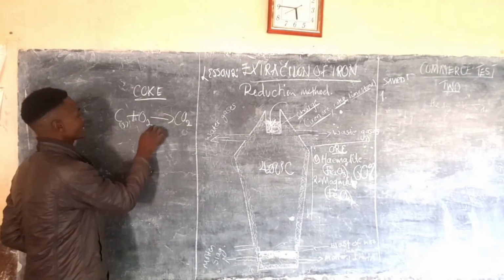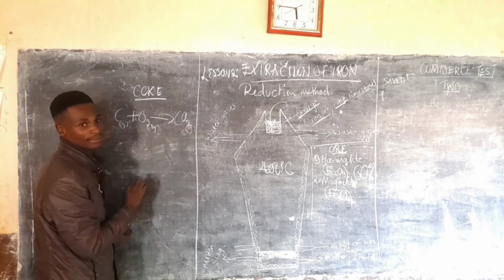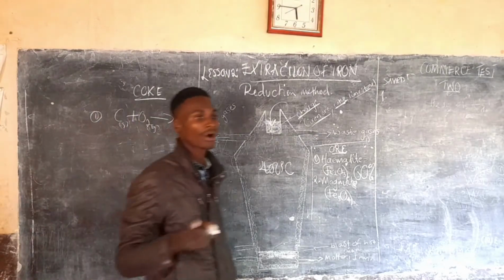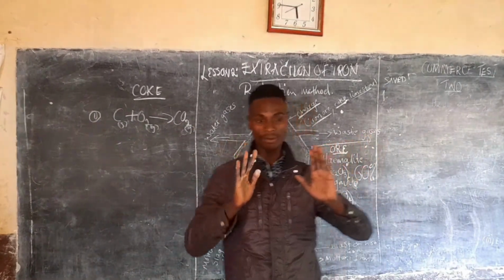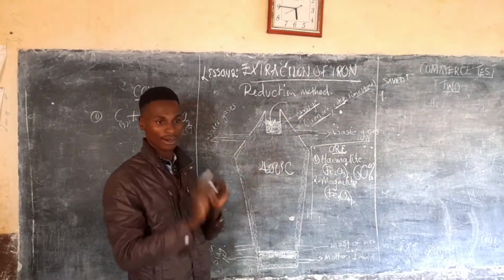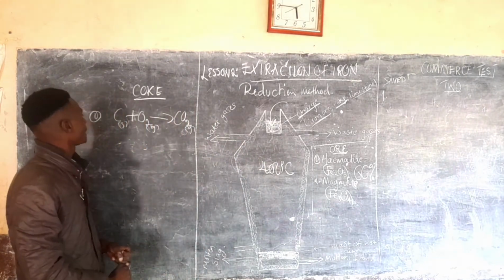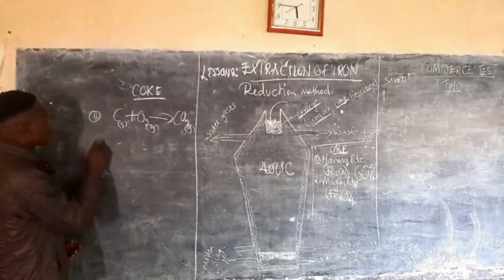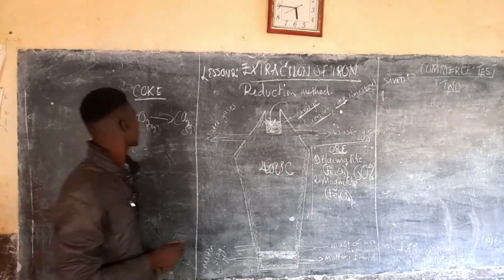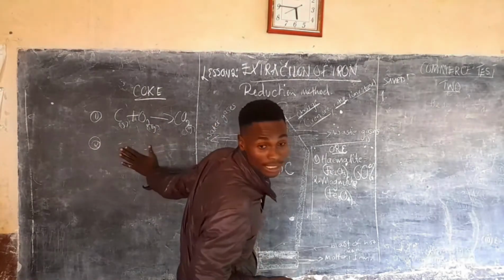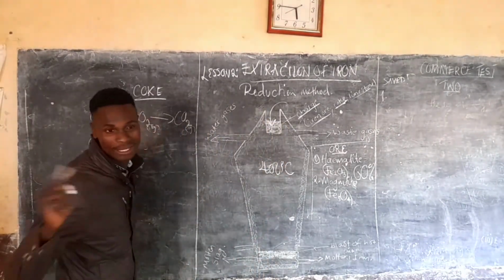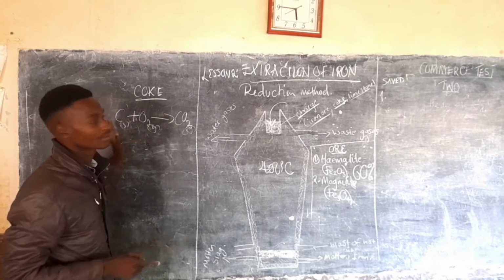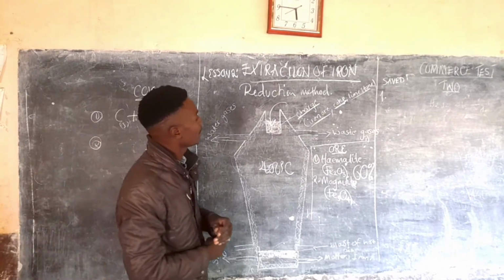This is solid, this is gas, and this is also a gas. This is the first reaction: coke reacts with air to form carbon dioxide. It's already balanced. The purpose of coke here, in the first place, is to come up with carbon dioxide. We'll reuse this coke later on.